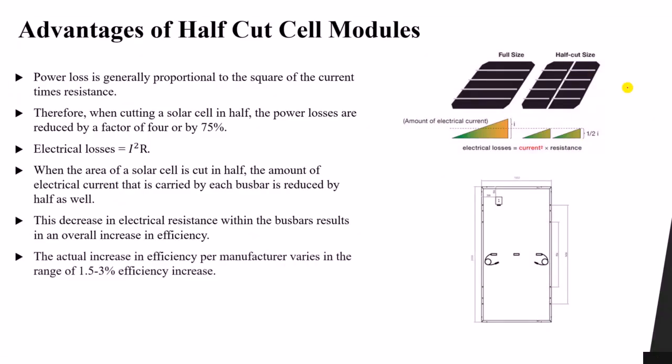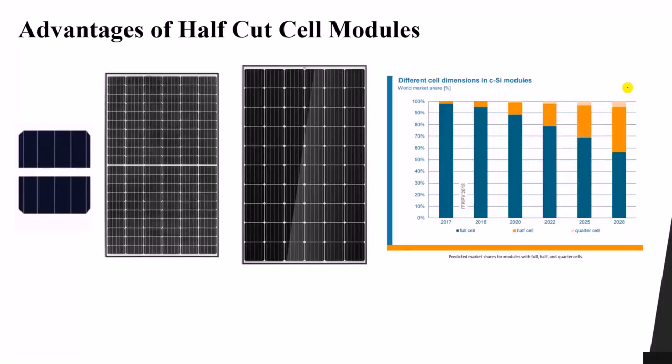So this will lead to an actual increase in efficiency, which varies per manufacturer in the range between 1.5 to 3%. Now, as you can see, half-cut cells here and the monocrystalline. Now, what is happening in the market? If you look at the market in 2017, you will find that we have full cell technology, one big cell like this one.